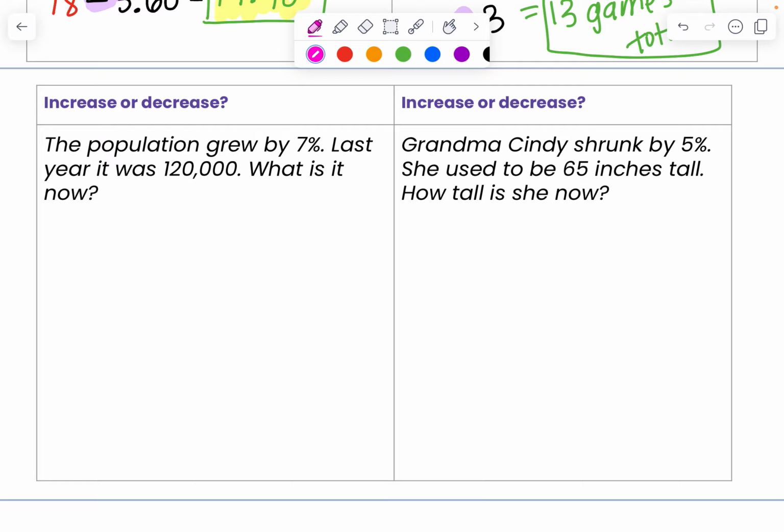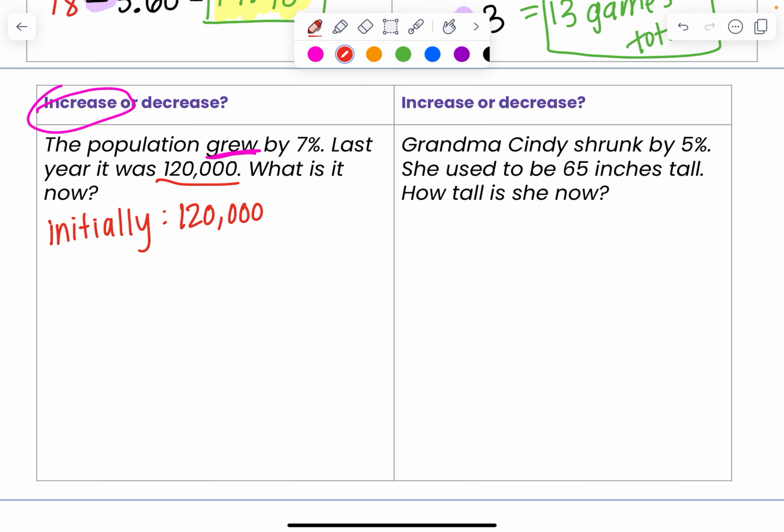Okay, it says the population grew, which we know, growth and decay, that's things that are increasing, right? So it's growing by 7%. Perfect. First, we have to start out with how much does it have initially, right? Or to start. The population says that it was at 120,000, right?